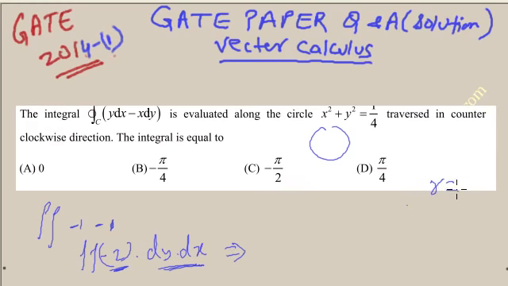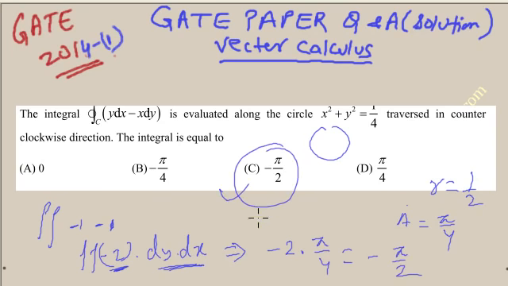Here r is 1 by 2, so the area is pi by 4. The height is minus 2 into pi by 4, so minus pi by 2. So this is the answer.